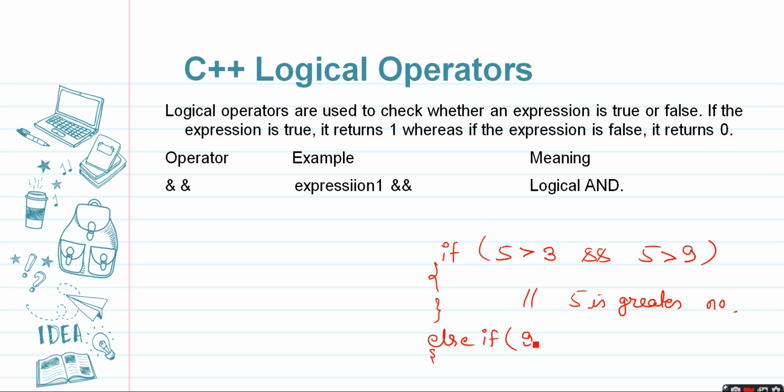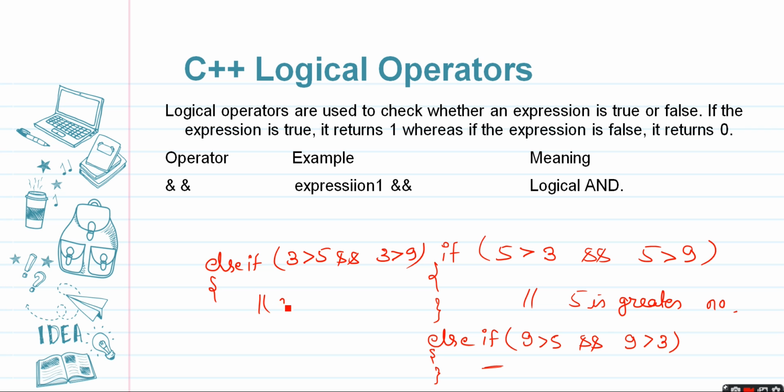Now the next one: 9 is greater than 5 and 9 is greater than 3. Only then I can say that this 9 is the greatest number. Again else if 3 is greater than 5 and 3 is greater than 9, only then I can say this 3 is the greatest number, right?